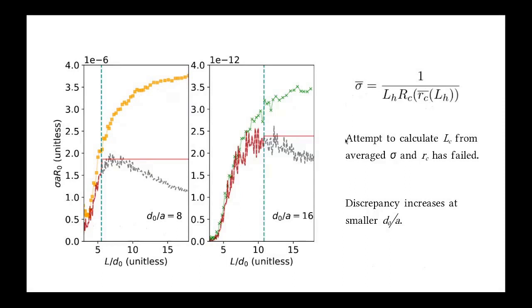This attempt has failed. The best approximation is shown here by the solid line for two values of d0 over a. One is equal to 8 and one is equal to 16. It is important probably to note that the error increases with smaller values of d0 over a.